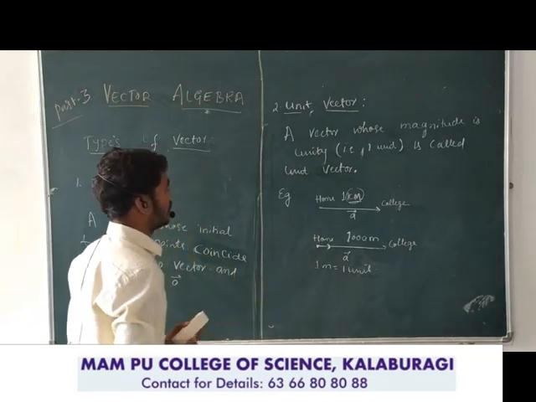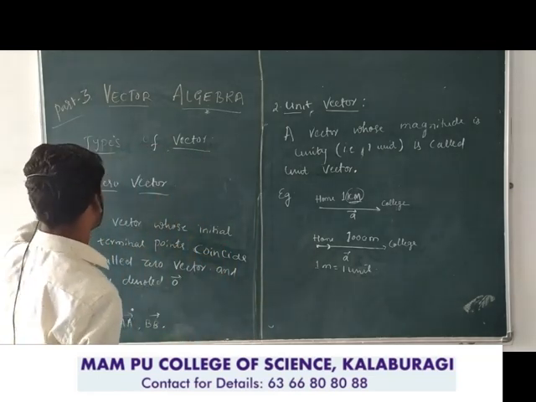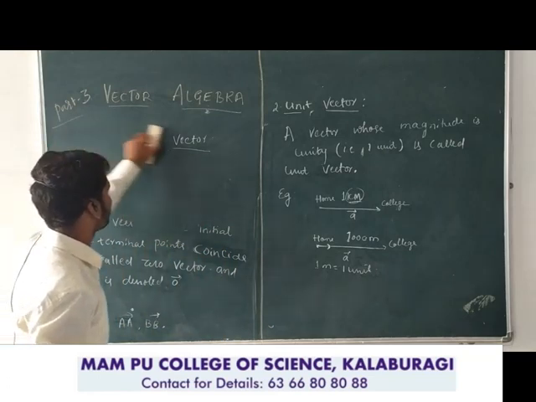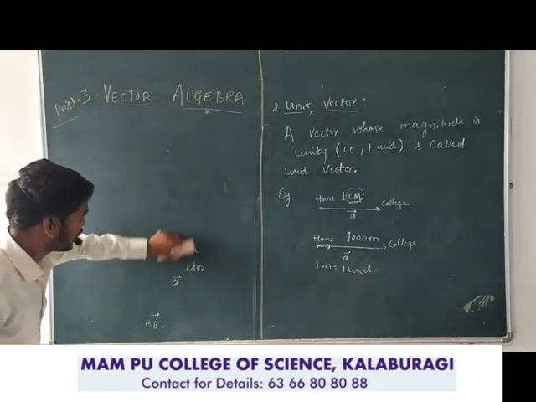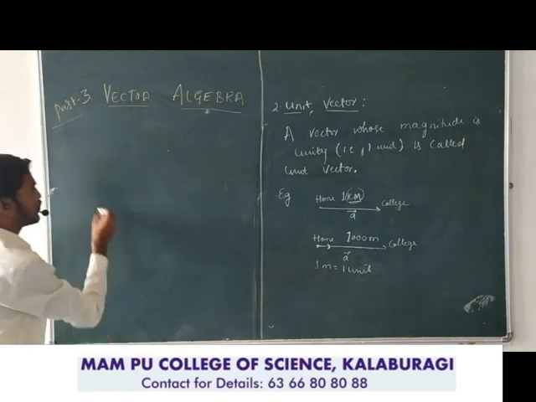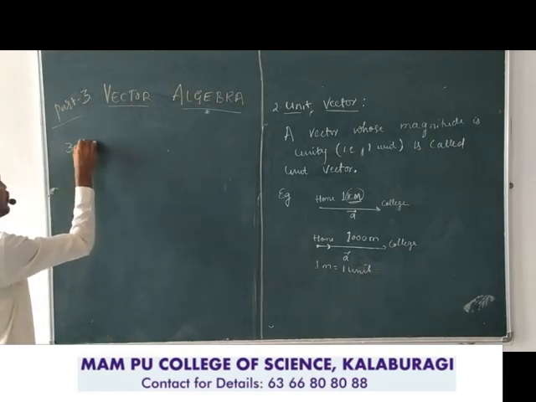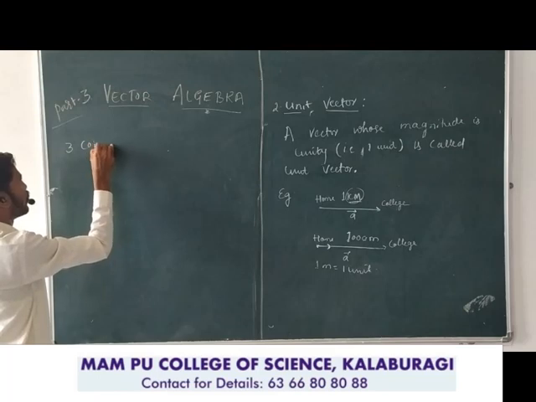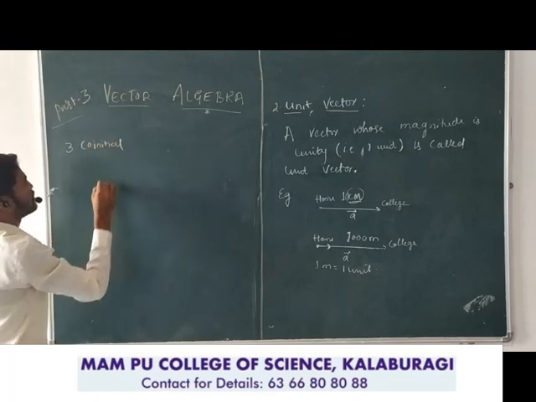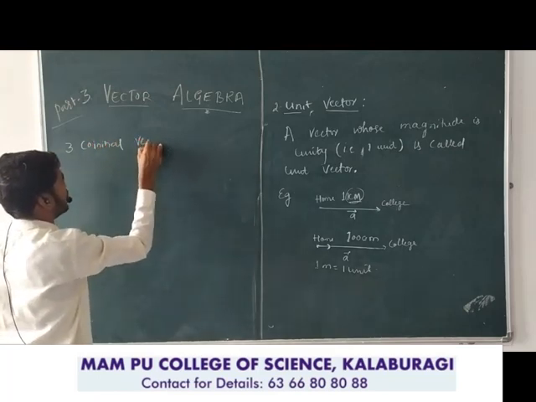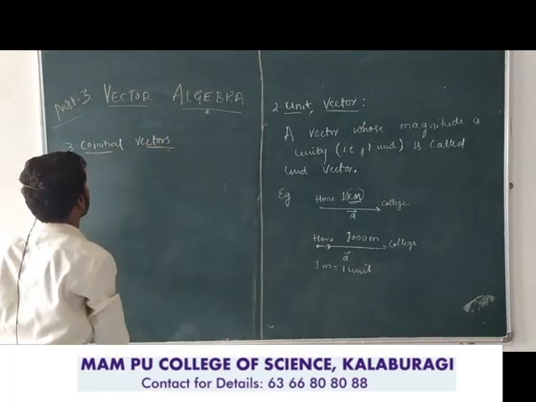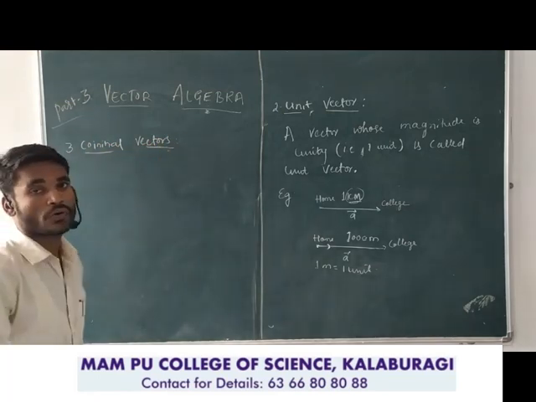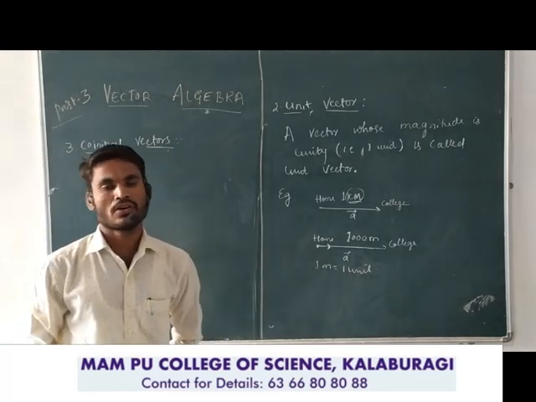And the next one, please note, is the co-initial vectors. The third one is co-initial vectors. What is the meaning of co? Co means common or same.